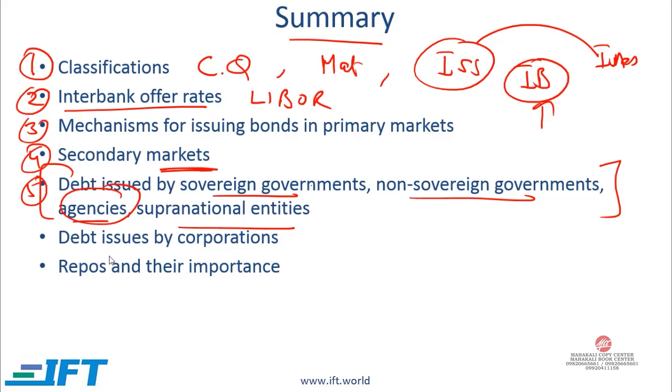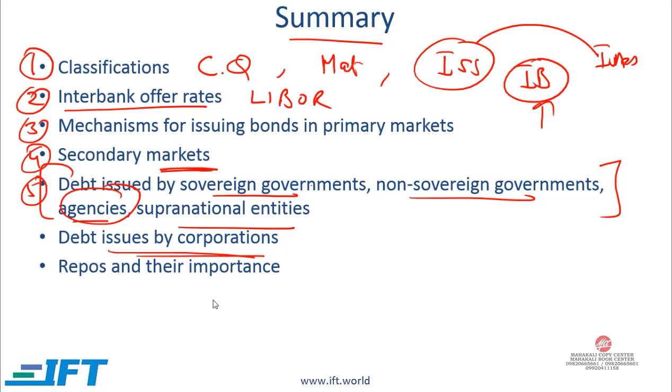Companies can raise debt in different ways. Companies can either borrow directly from banks, or companies can issue short-term bonds and long-term bonds. Some large financial institutions also issue commercial paper.